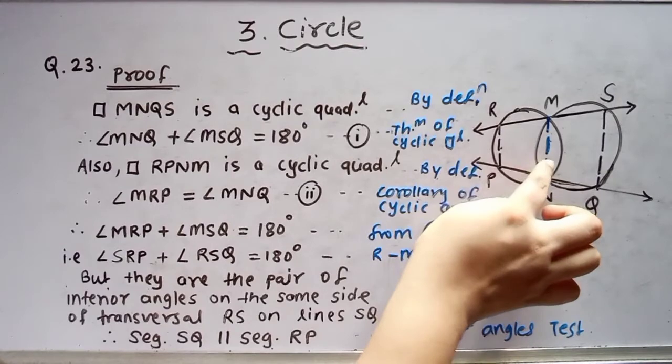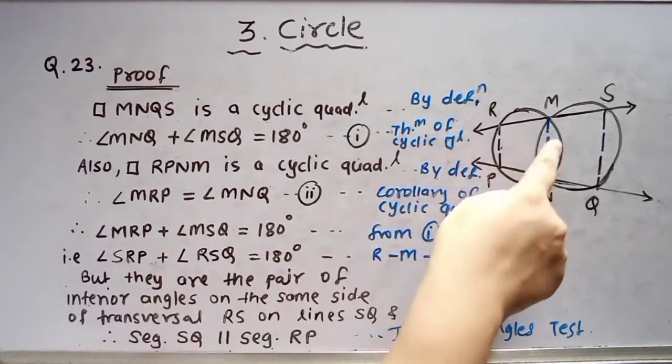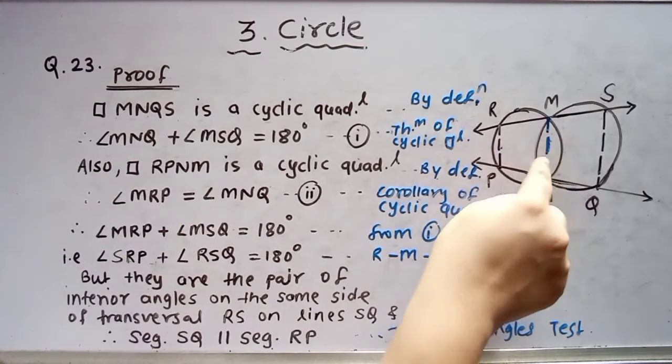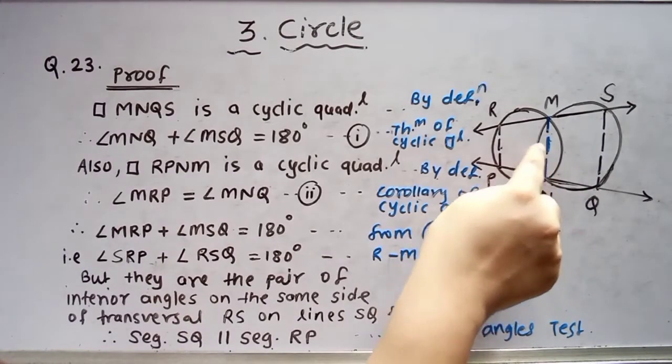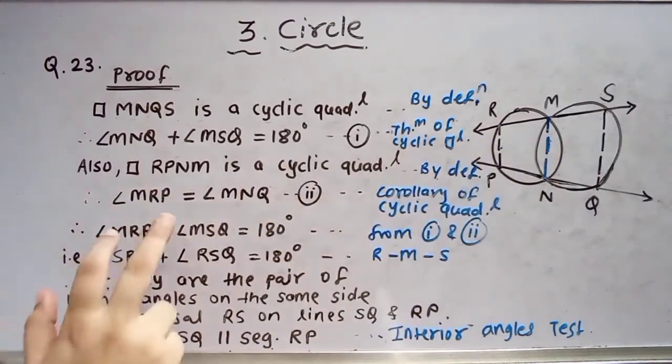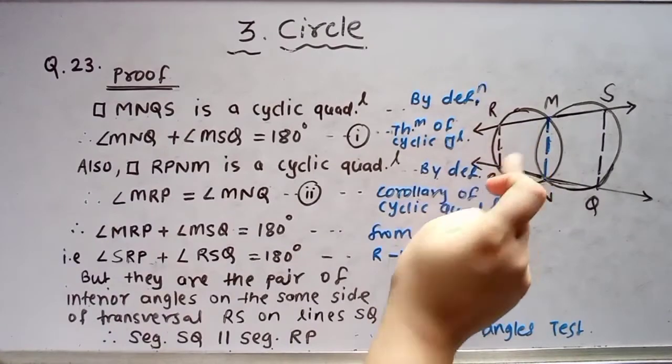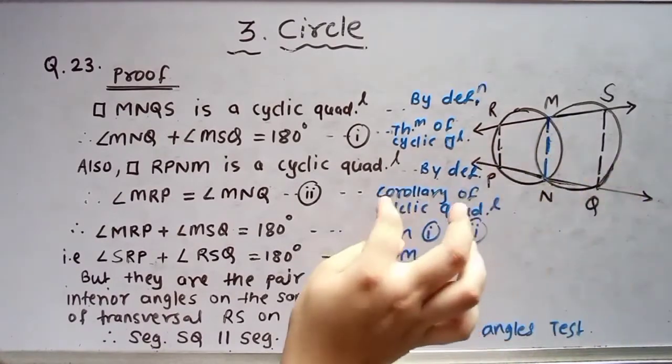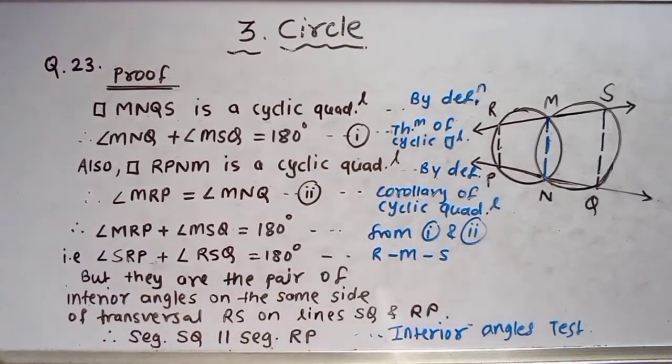Opposite angle of its adjacent interior angle. The adjacent interior angle of MNQ is this MNP, and opposite of this is MRP. So what I have to write? Angle MRP equal to angle MNQ. Number it as equation 2. Reason is corollary of cyclic quadrilateral.